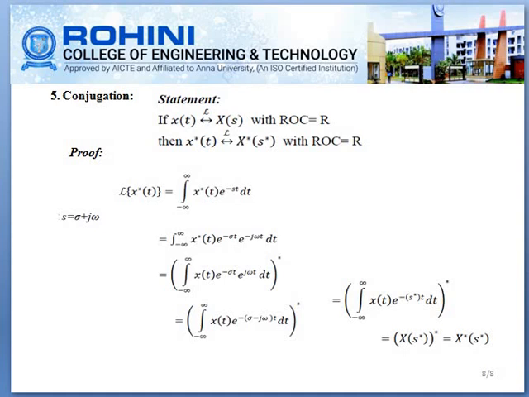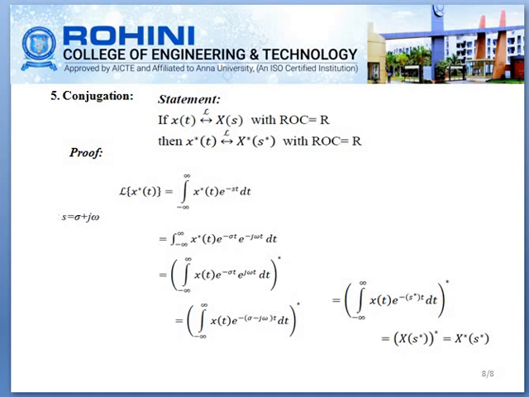Integral minus infinity to infinity x of t, the conjugate is taken into whole conjugate, x of t e power minus j sigma t e power j omega t into dt, the whole conjugate, that is equal to integral minus infinity to infinity x of t e power minus of sigma plus j omega into t into dt, the whole conjugate.